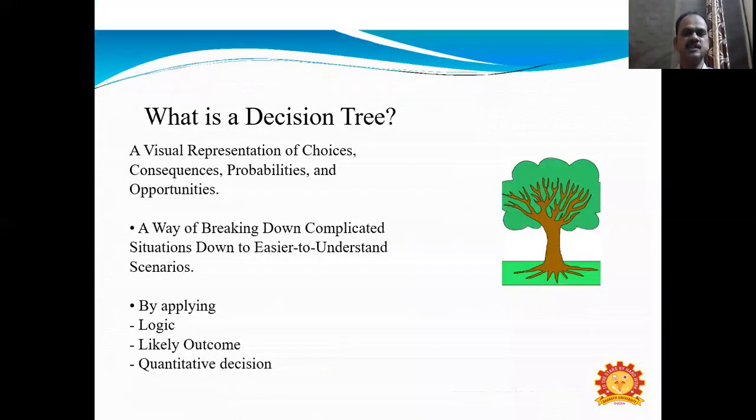So what is a decision tree? I already told you about it. A decision tree is a supervised learning technique which is used for classification and regression algorithms, mainly used for making the classification from the dataset.